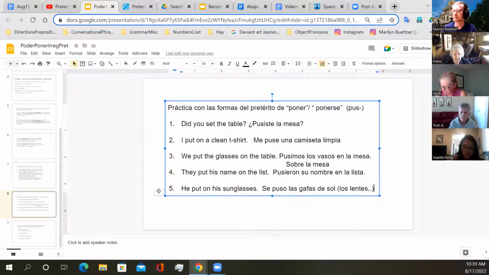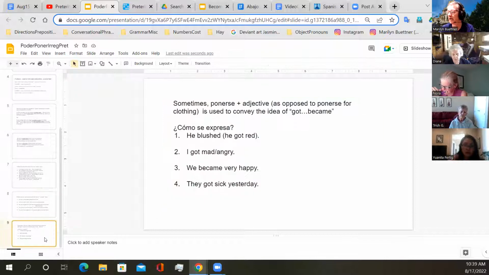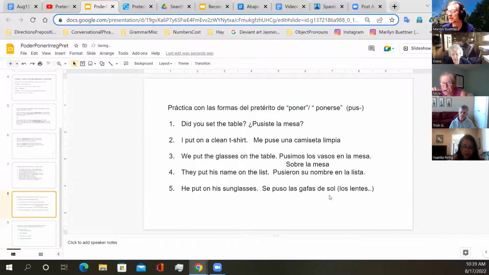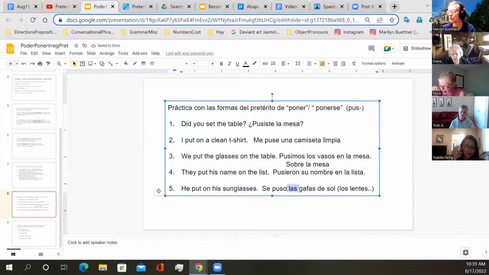Okay. You could say sus gafas de sol, las gafas de sol. A little more common is las gafas de sol. You could put sus in if you mean specifically, oh, hey, his. But we still use the se puso sus gafas de sol? Sí. You could plug in sus, but I think las gafas is a little more common there.